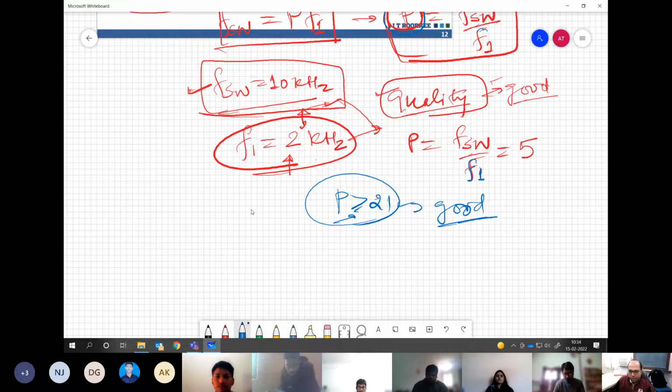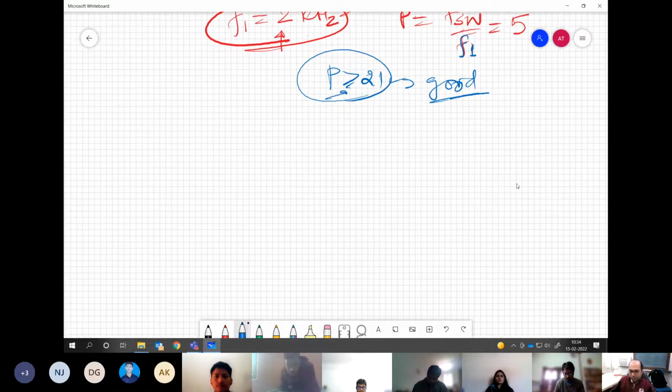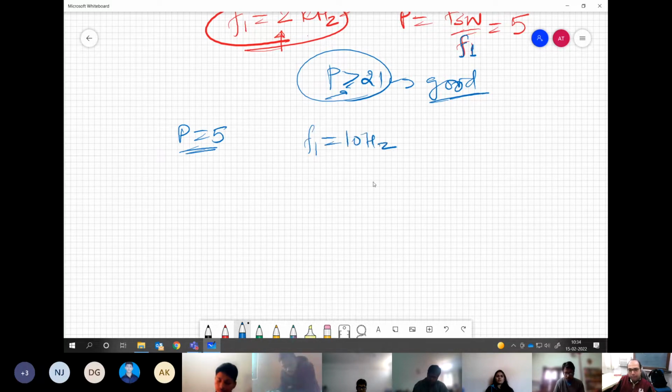Now, if I say that my pulse number is 5, someone is saying that I am operating with a PWM which has P equal to 5. So if that person is operating at a fundamental of 10 Hertz, what will the switching frequency be? 50 Hertz. Now the fundamental frequency becomes 50 Hertz.